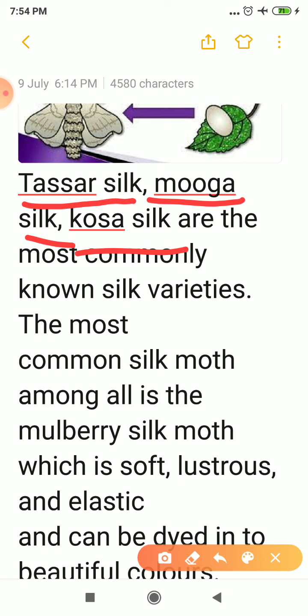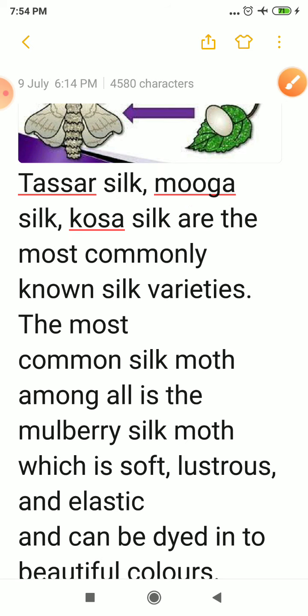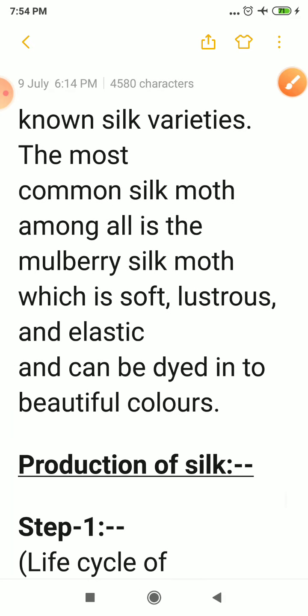The most common silk moth among all of them is the mulberry silk moth, which eats mulberry leaves. Mulberry silk is soft, lustrous, and elastic, and can be dyed into beautiful colors.